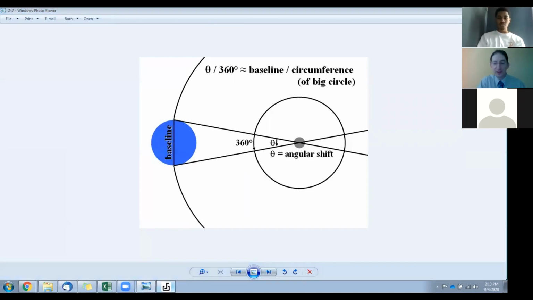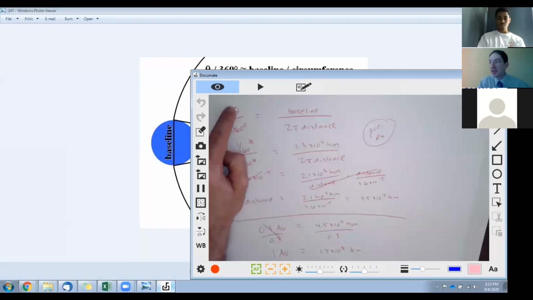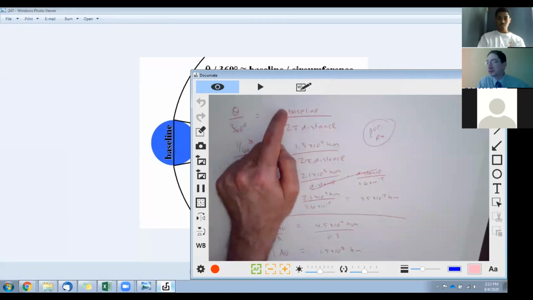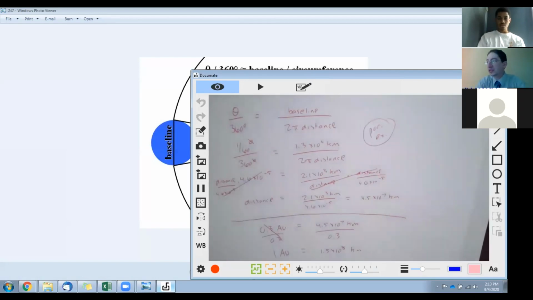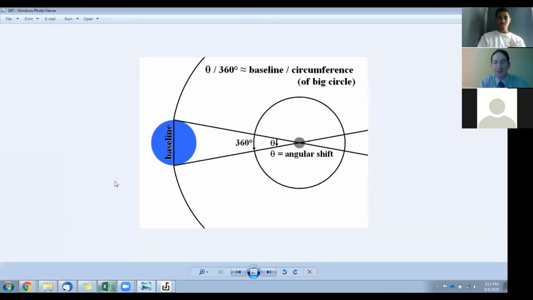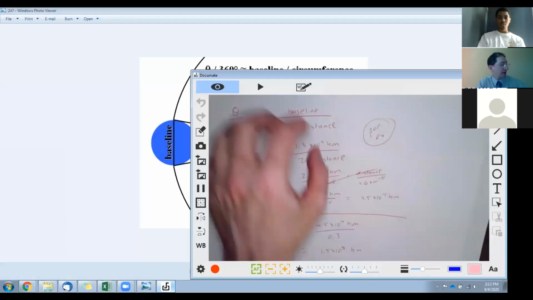So theta, the angular shift over 360, is equal to the baseline between the two telescopes, divided by the circumference of that big circle, which is 2 pi times the distance between us. That's the radius of that circle. That's where the equation comes from, but you'll be able to just grab the equation.